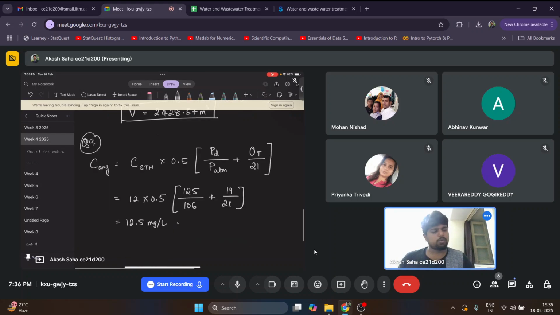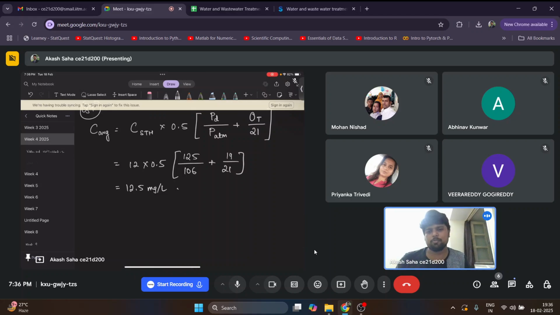So now once you know the C average, you just have to put it. We have to calculate the AOTE, or the average oxygen transfer rate.